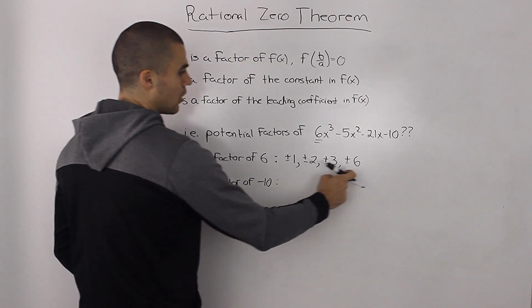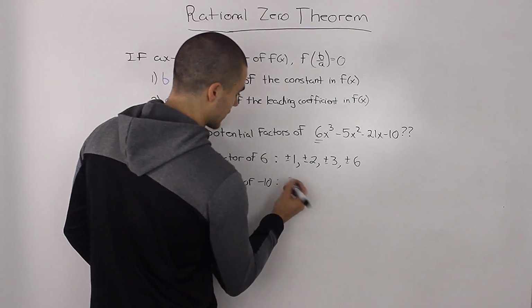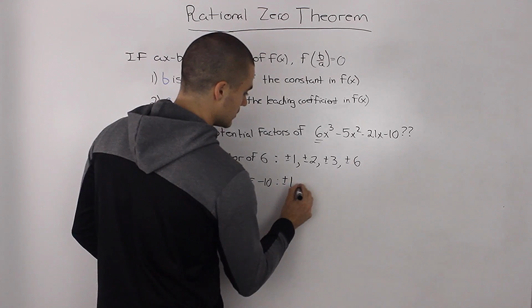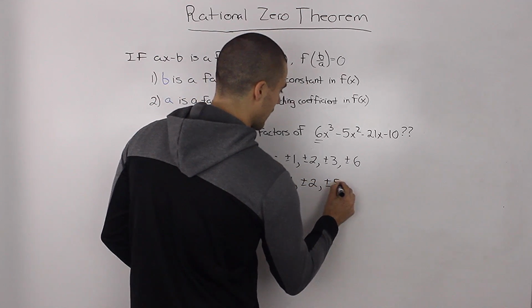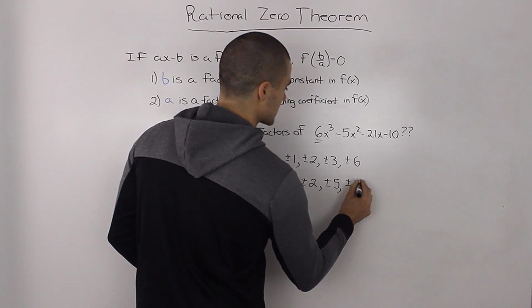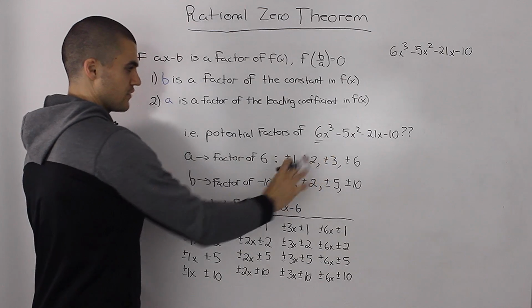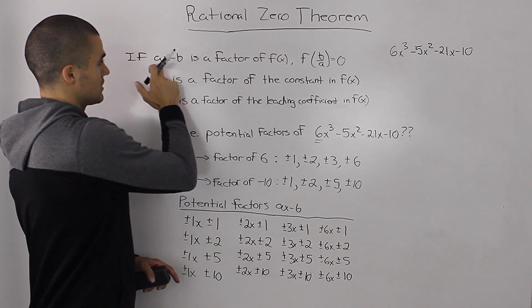The factors always have to be plus or minus. So what are all the factors of 10? Well, you could have plus or minus 1, plus or minus 2, plus or minus 5, and plus or minus 10.